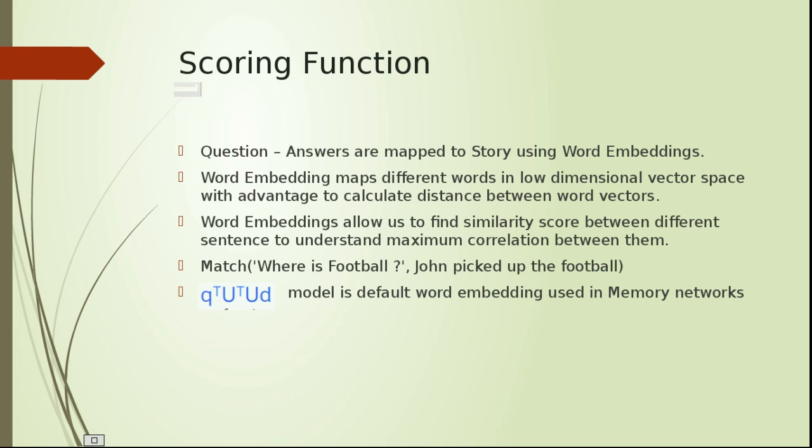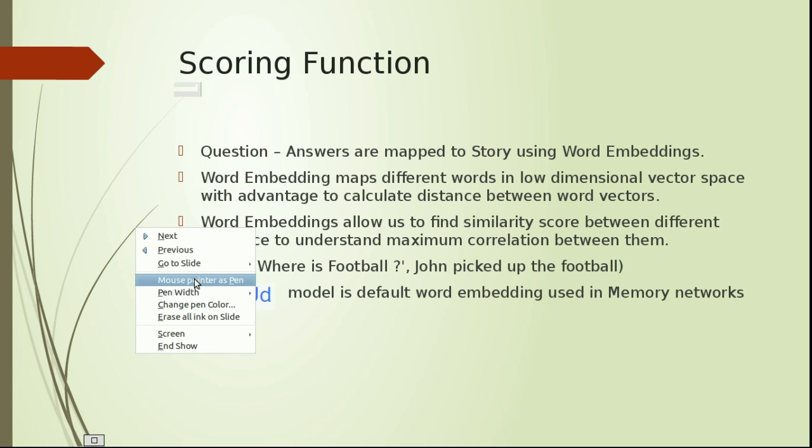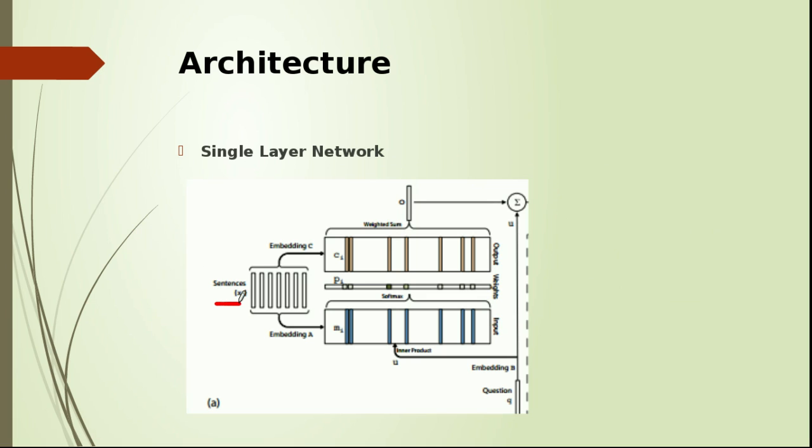This is a single layer architecture of memory networks. As you can see, these are the sentences. These are basically the stories we give as input. Here we obtain the question for which we want to find the answer.